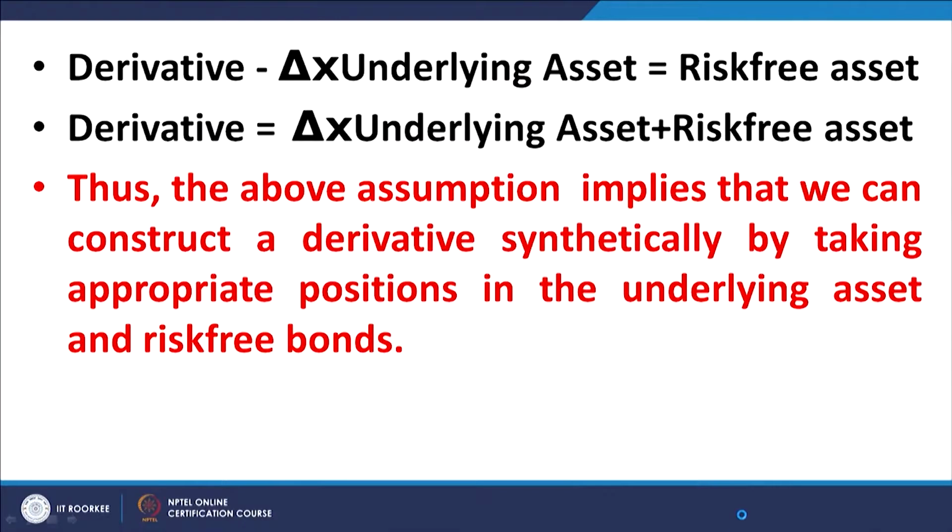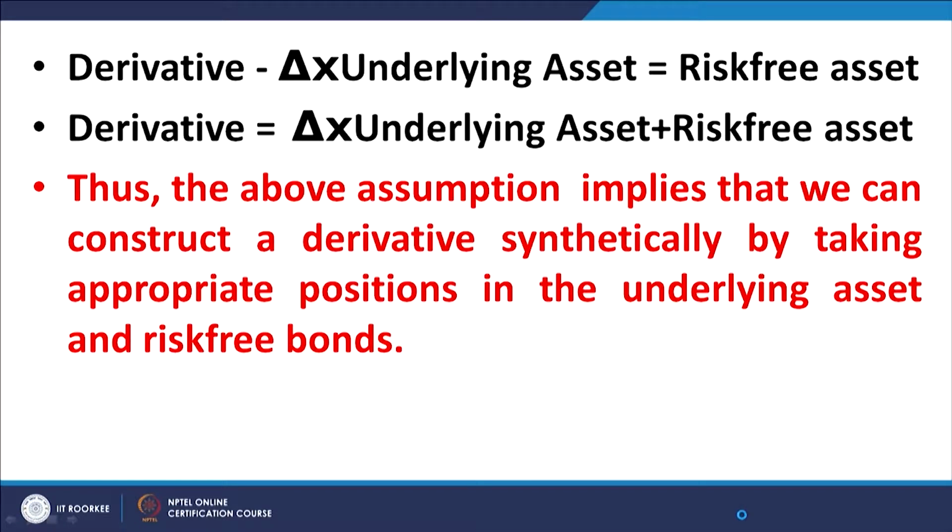What I have mentioned just now can be put quantitatively as: derivative is equal to delta, that is, a certain number of units of the underlying asset. One derivative may not relate to one unit of the underlying asset, there may be a difference between them. What the difference comes out to, we will come back to it.